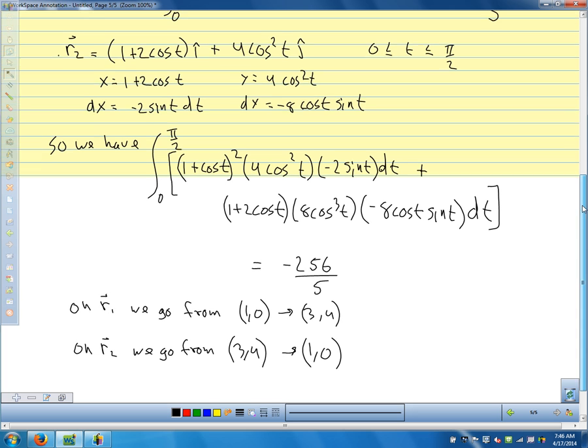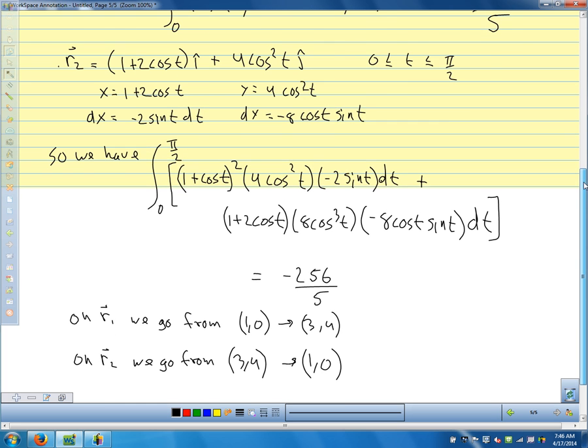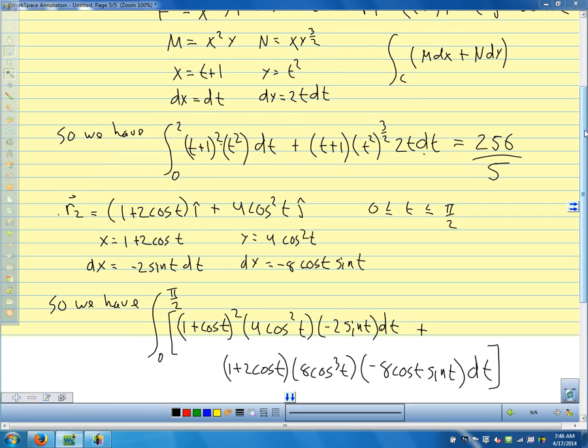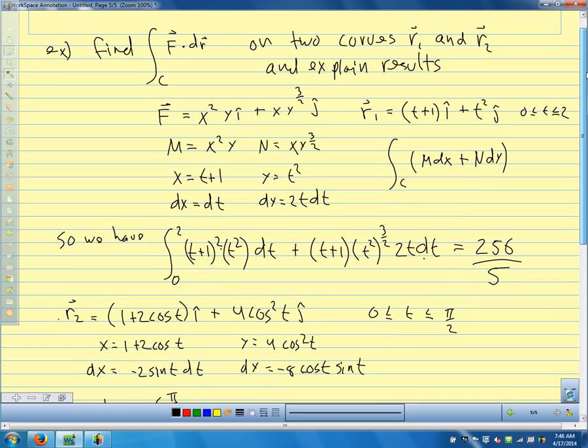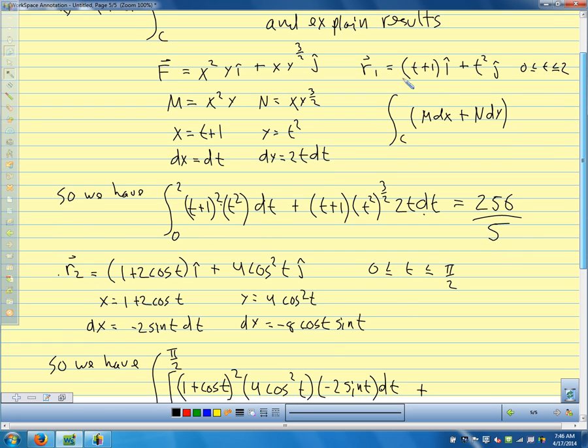So what's going on is these two parameterizations, for R1 and for R2, are parameterizations of the same curve moving in the opposite direction. So we're going in opposite orientation.